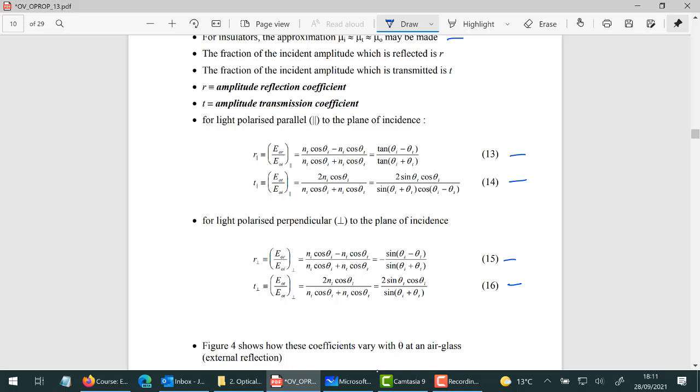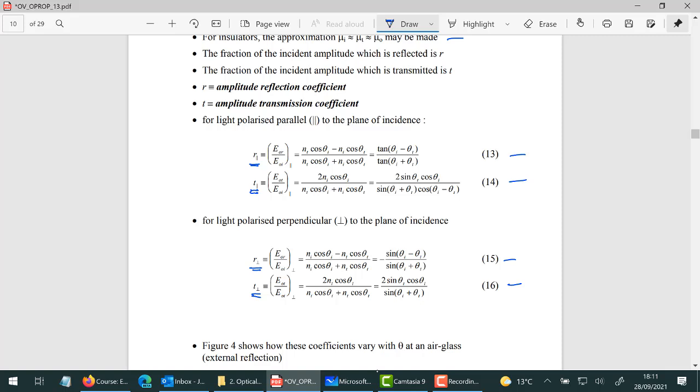And you can see that we have the amount of light which is reflected if the polarization is parallel to the plane of incidence, the amount which is transmitted if the light is parallel to the plane of incidence, the amount which is reflected if it's perpendicular, and the amount which is transmitted if it's perpendicular to the plane of incidence.